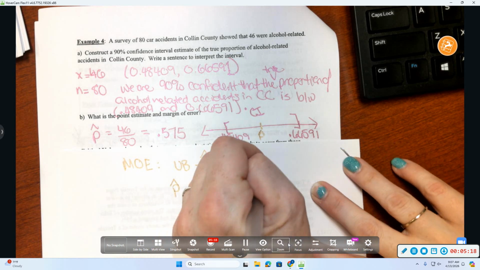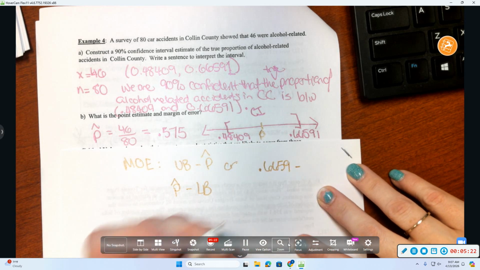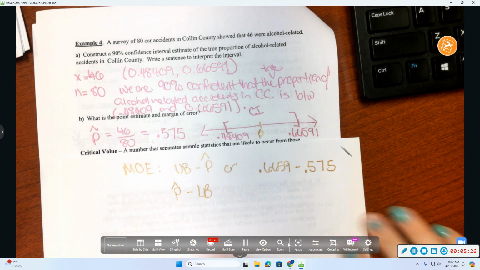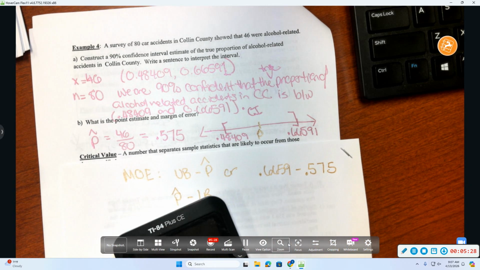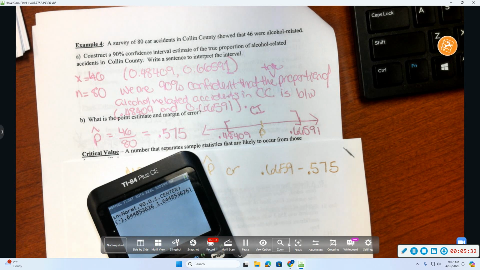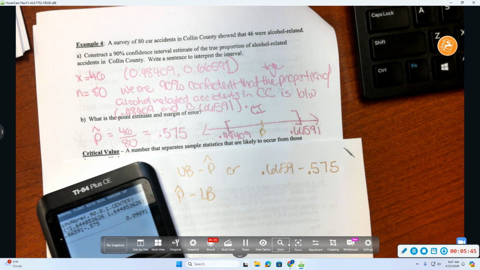Okay, so we can do 0.66591 minus p hat, which is 0.575. And I get 0.09091.